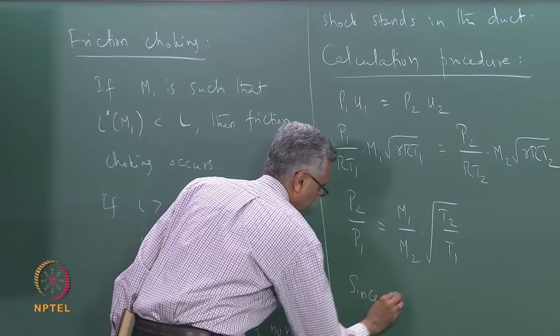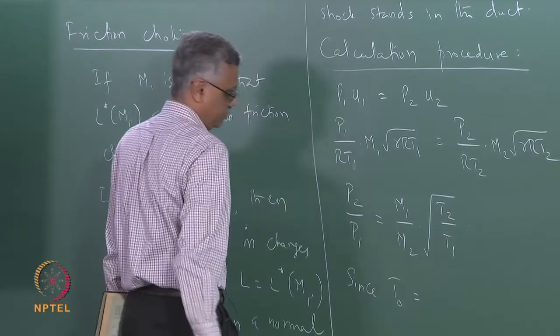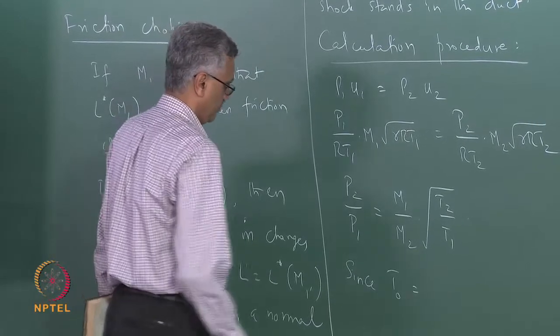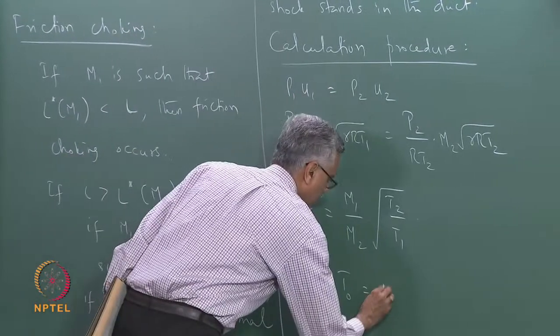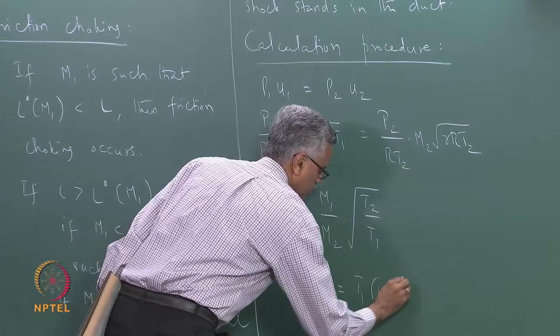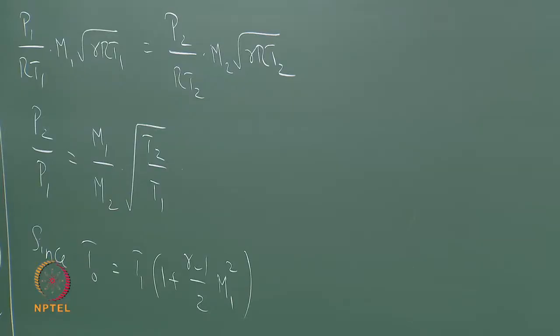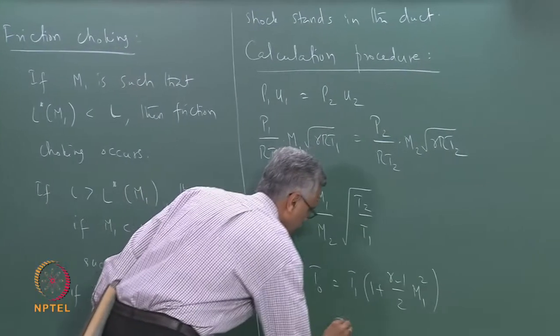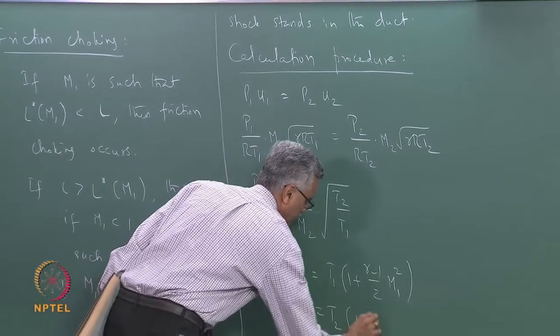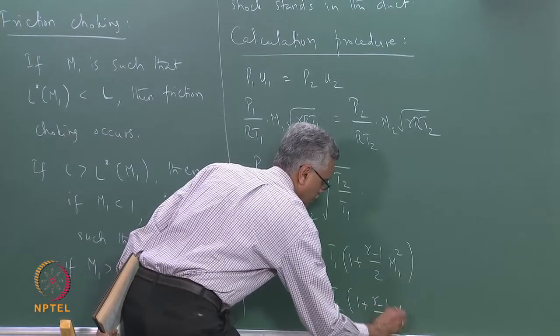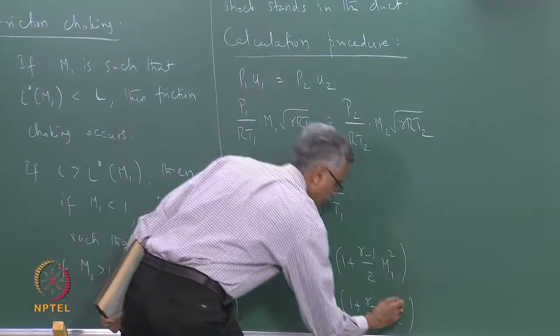So, we can write this, since T naught is equal to T1 times 1 plus gamma minus 1 over 2 times M1 square, and this is also equal to T2 times 1 plus gamma minus 1 over 2 times M2 square.